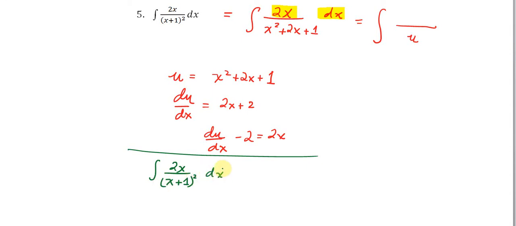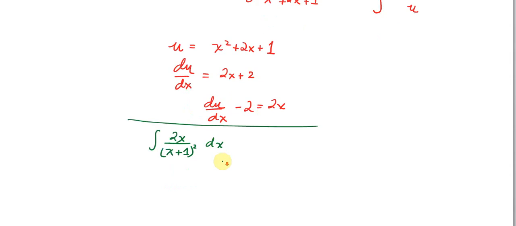This time, rather than using the entire denominator as my u substitution, I'm just going to use the inside part here. So we're going to say that x plus 1 is equal to u. The derivative of this, du/dx, is equal to 1, and therefore du is in fact equal to dx.